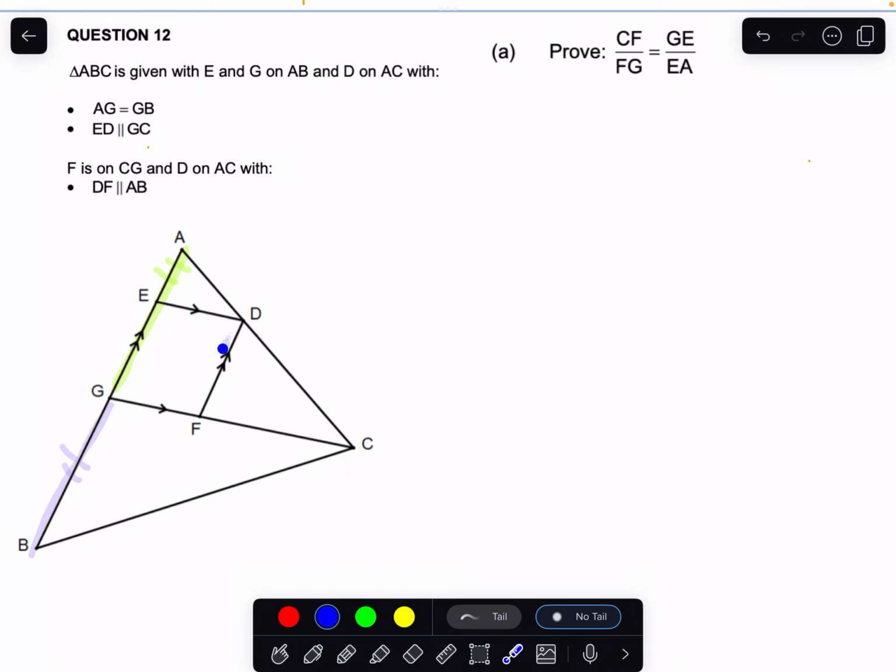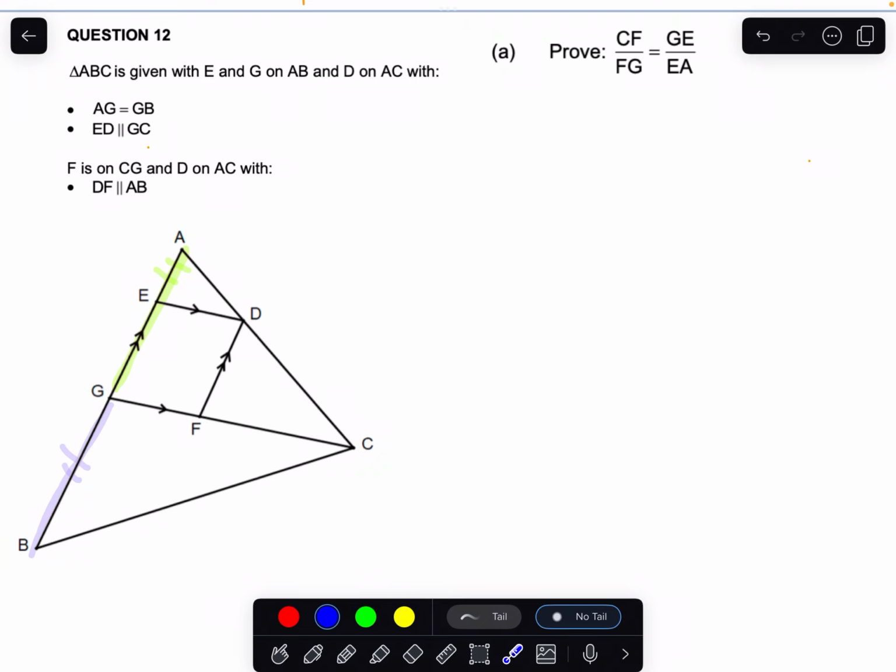But then there's also this parallel line dividing this triangle, so the ratio of this to this is the same as the ratio of this to this. So this guy is what is common. That is what is going to connect these two with these two.